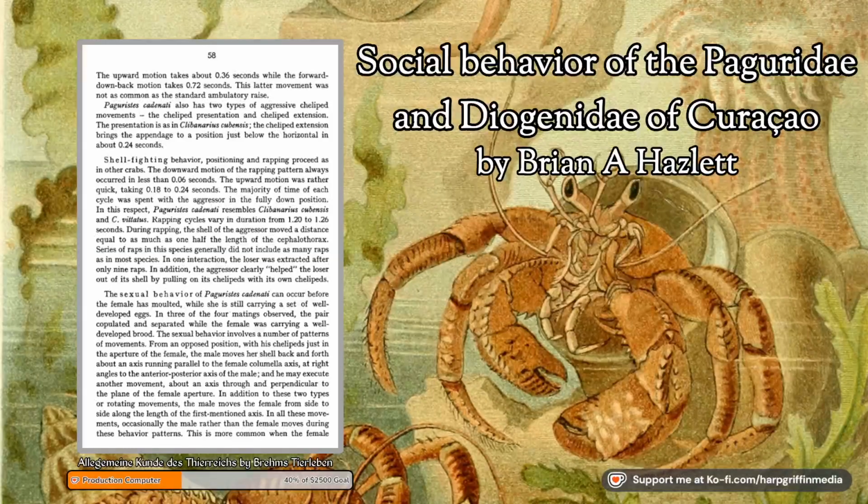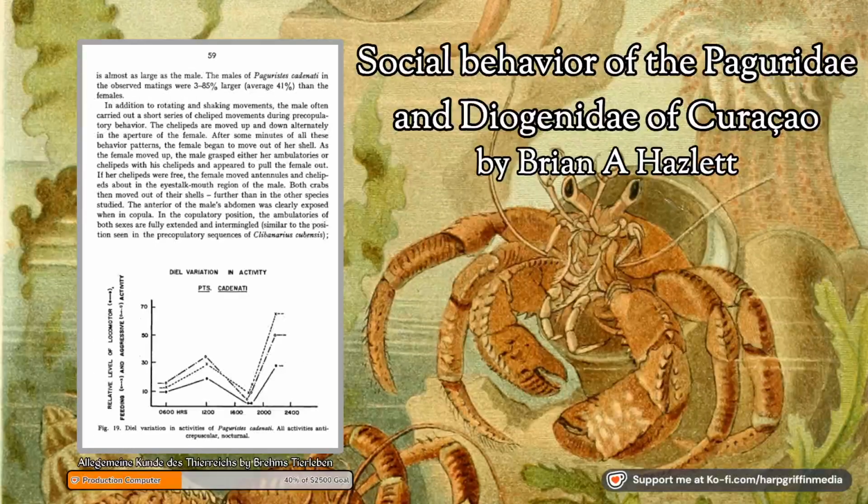In addition to these 2 types of rotating movements, the male moves the female from side to side along the length of the first mentioned axis. In all these movements, occasionally the male, rather than the female, moves during these behavior patterns. This is more common when the female is almost as large as the male.